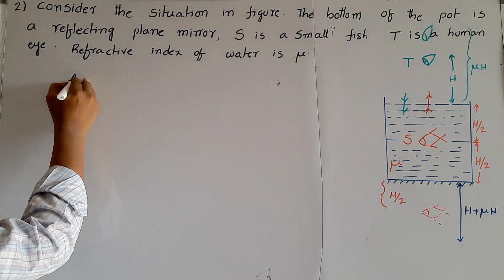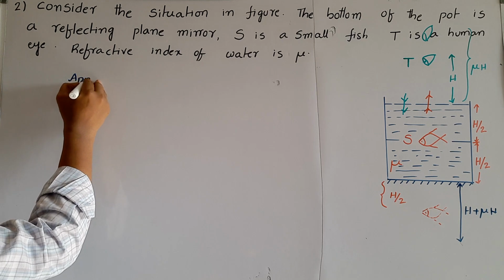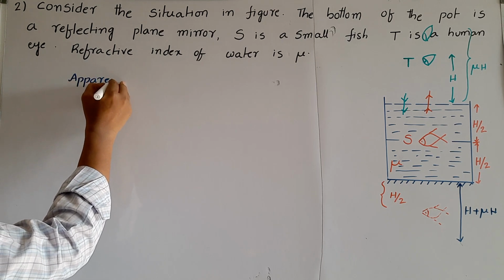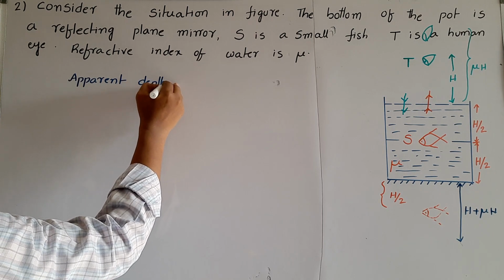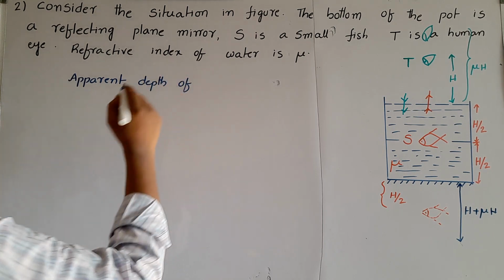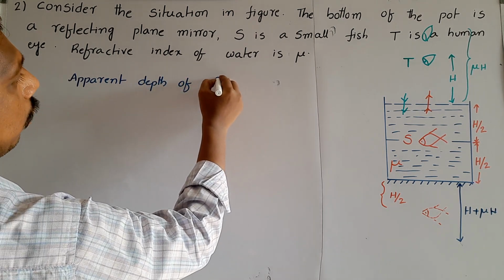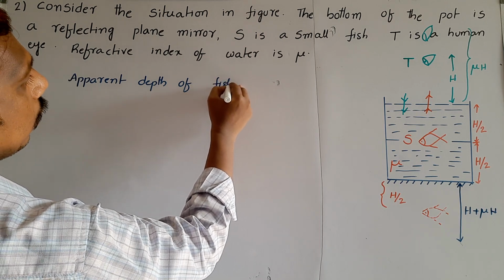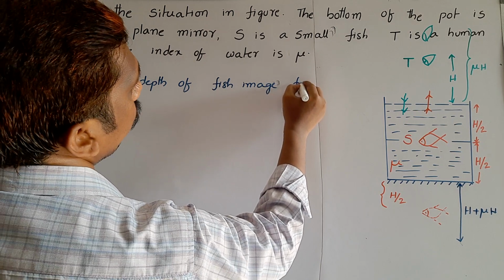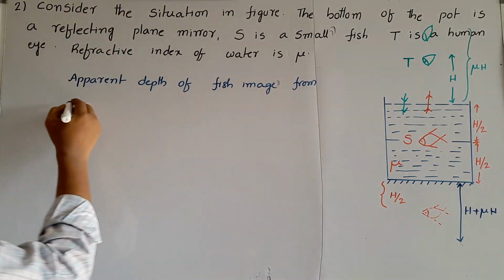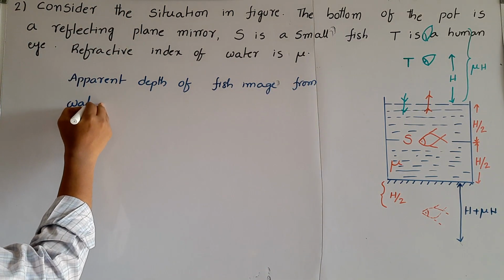So first we calculate the apparent depth of the fish image from the water air interface.